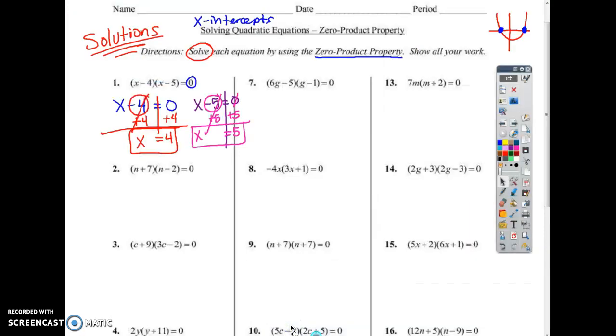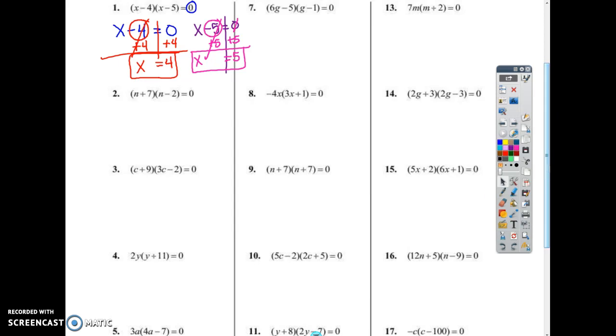Let's do problem number 8. I have negative 4x equals 0, and I have 3x plus 1 equals 0. So I'm going to set two equations. Negative 4x equals 0, and 3x plus 1 equals 0. Okay, and we're going to solve for x. The easiest one to do right now would be this one.